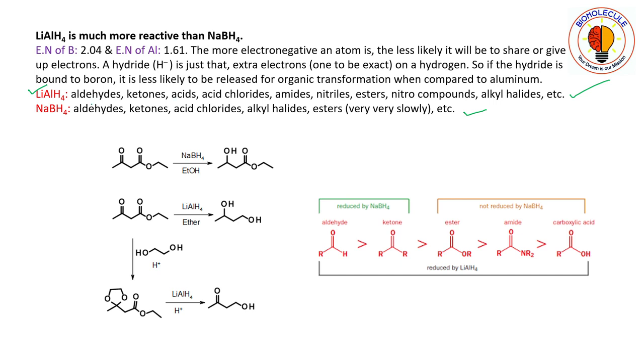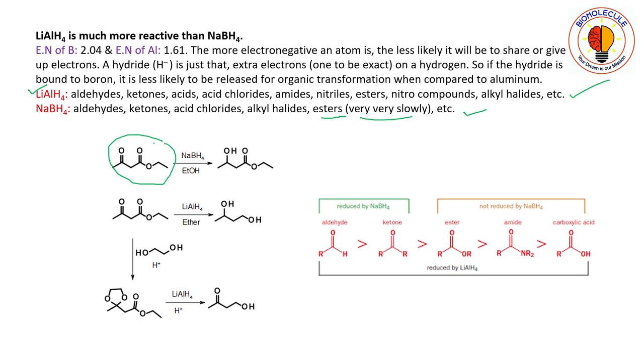In lithium aluminum hydride, aldehydes, ketones, acid chlorides, amides, nitriles, esters, nitro compounds, alkyl halides, etc. can be reduced, whereas with borohydride, aldehydes, ketones, and acid chlorides are reduced, and esters can also get reduced, but the reduction is very slow.